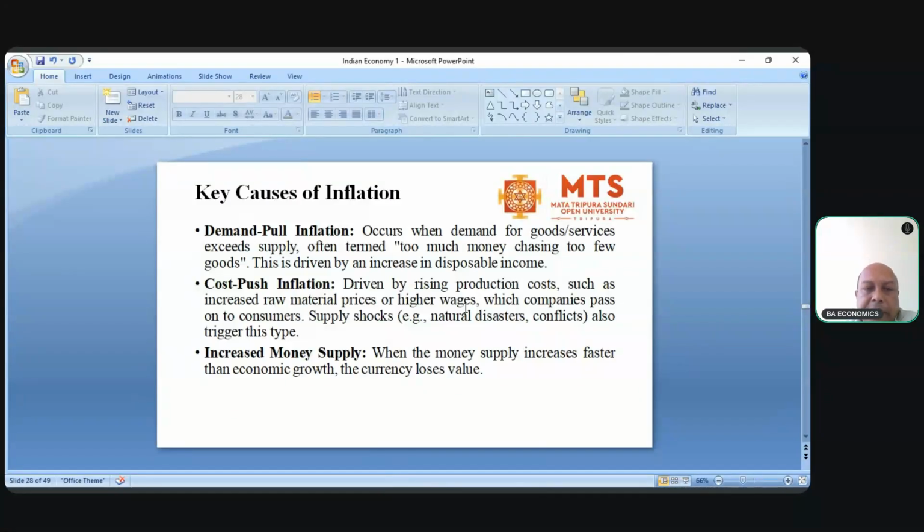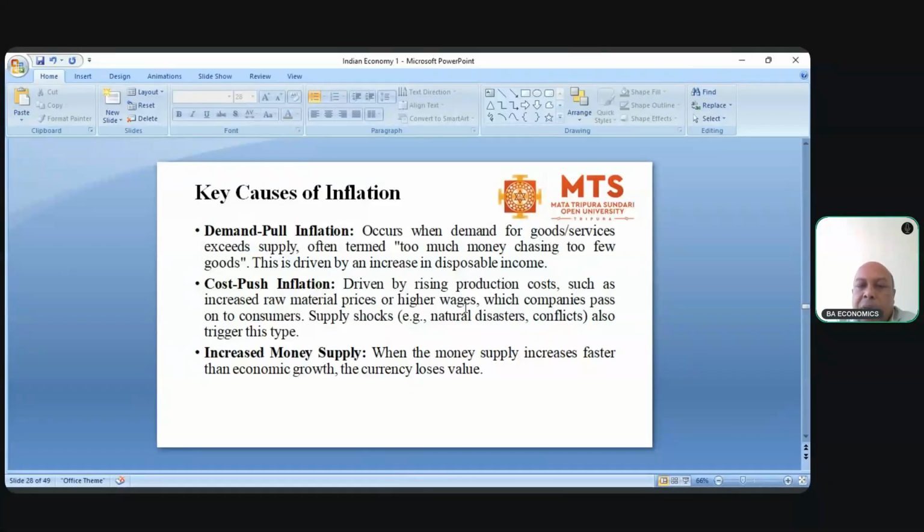The second cause of inflation is cost push inflation. Cost push inflation basically indicates when the manufacturing cost of selected products increases. Manufacturing cost increase indicates that the price of raw material will increase, or the cost of production in terms of wages of workers will increase. In simple terms, when the wage of workers increases, then manufacturing cost will also increase.